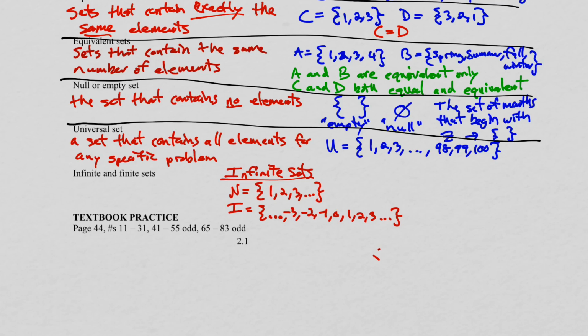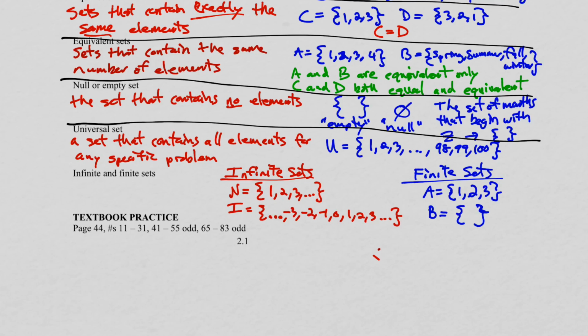A finite set would be basically the opposite, something that does stop, does have an ending, or the elements you could basically count. Like we talked about set A being 1, 2, 3, or even the empty set, is finite.